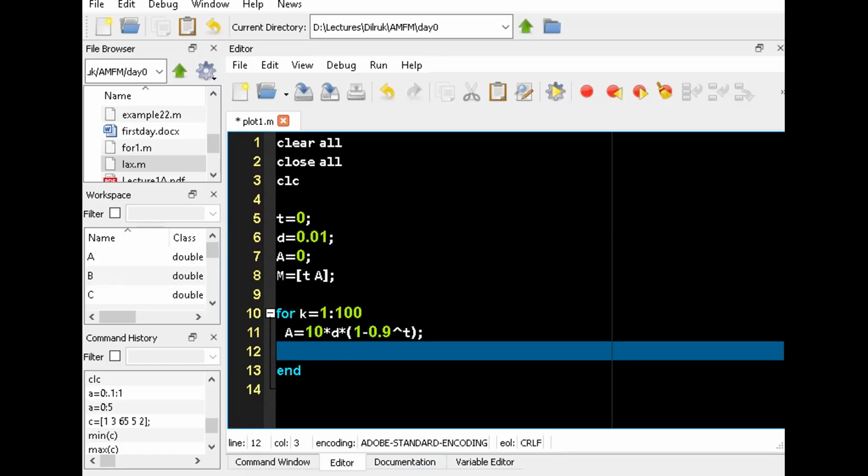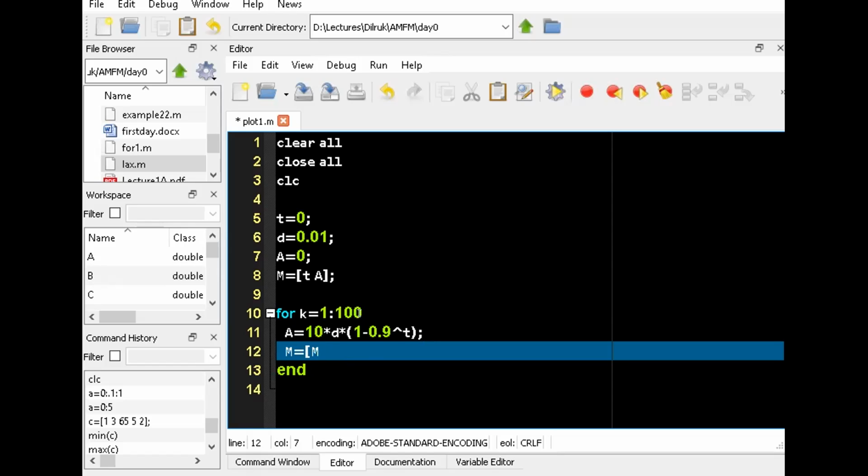I will update my matrix M. Take this one: when k is equal to 1, the computer computes the value of a sub 1. Then I want to include that in this matrix.